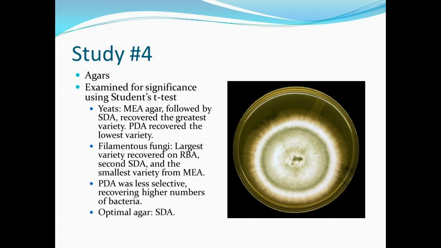It could tell us that if we're not really concerned about yeast, then rose bengal agar might be the best one to use. However, that's an agar that tends to come with a short expiry date, needs to be kept in the cold room and so on. Secondly, if we're concerned about filamentous fungi and yeast, as perhaps we should be, then the optimal agar, the one that stands the best chance, is in fact sabouraud dextrose agar.